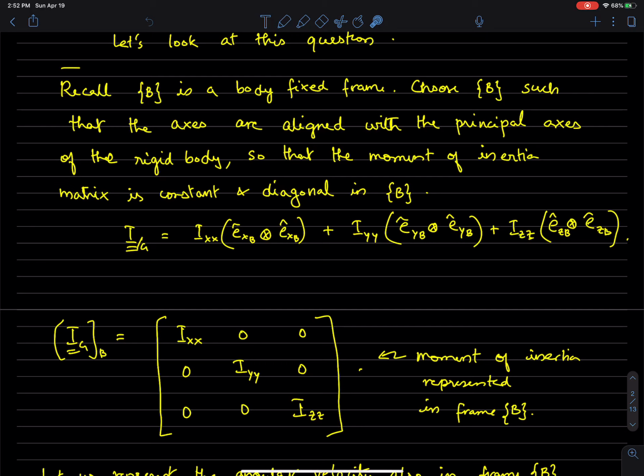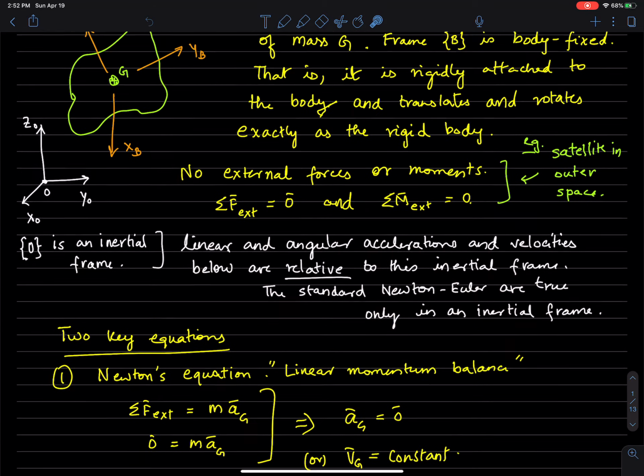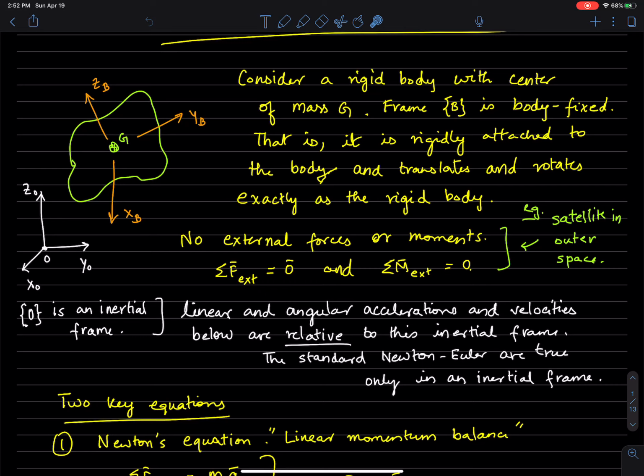So recall B is a body fixed frame, and we want to choose B such that the axes are aligned with the principal axes of the rigid body. Okay, so we have this body fixed frame, and we choose B in a manner that X_B, Y_B, and Z_B are aligned with the principal axes.